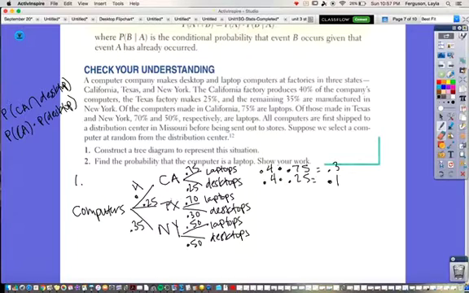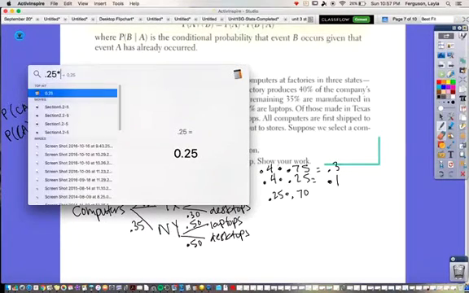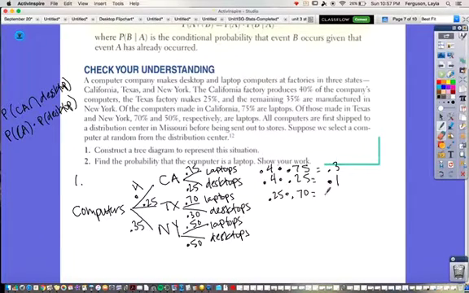From being from Texas and being a laptop would be 0.25 times 0.70, which would be 0.175. From being from Texas and being a desktop, if you work that out, would be 0.075.